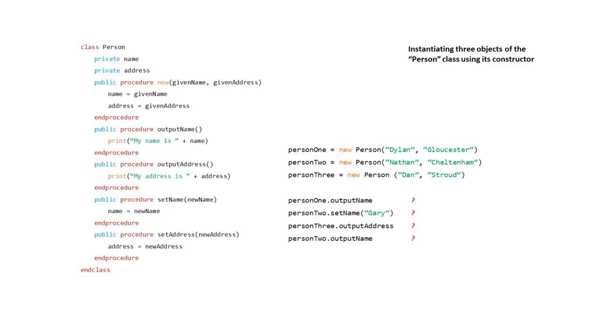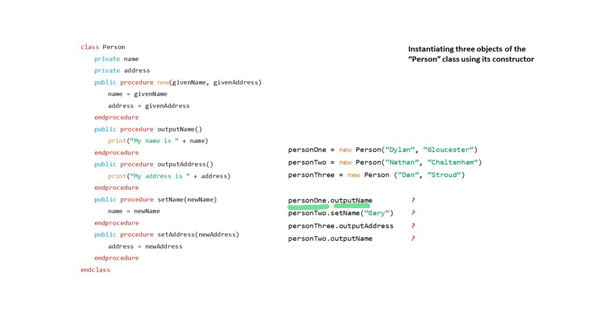Now that these three objects exist in memory, we can use the simple dot suffix to call the methods. So person1.outputName makes sure that the output name method that belongs to person1 is run.